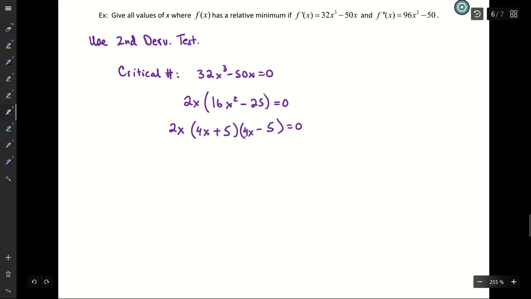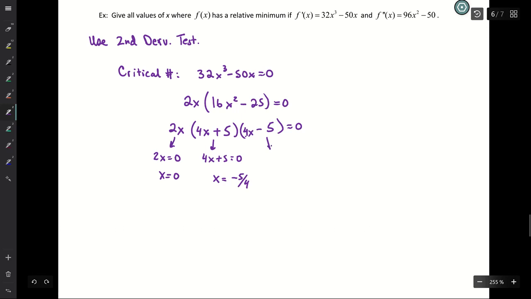All right, and then here, critical numbers, we're going to set each of these factors to 0. This one is going to yield x is 0. Setting this one to 0, when solving, that's going to yield x is equal to negative 5 over 4.